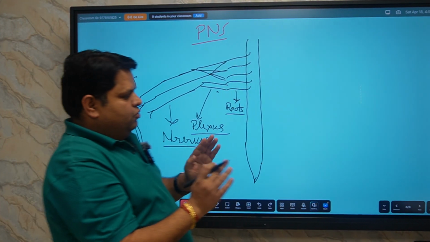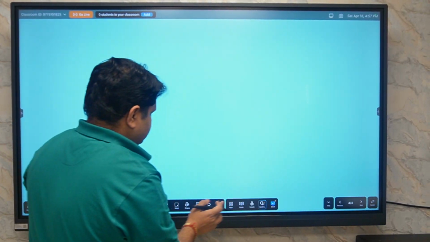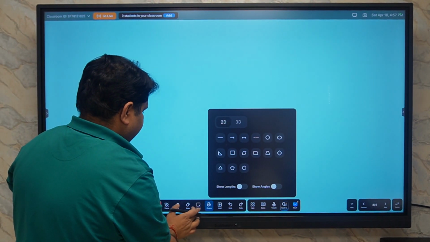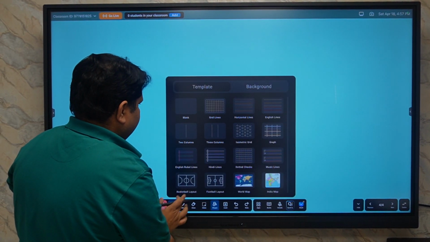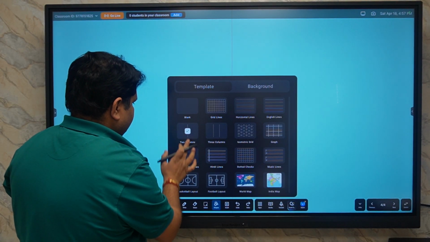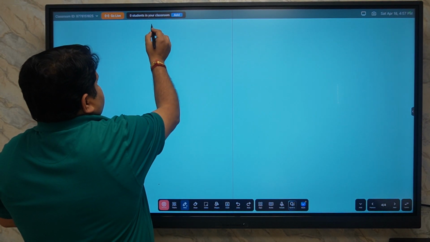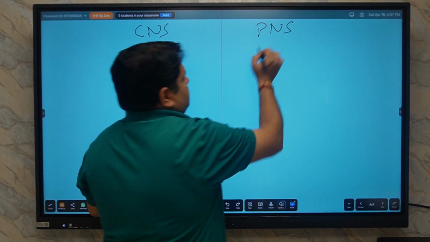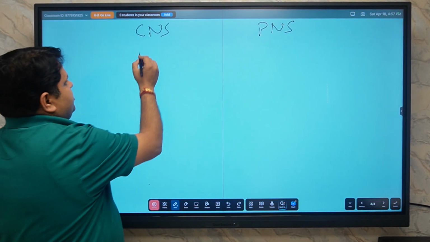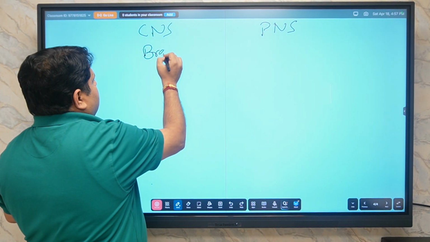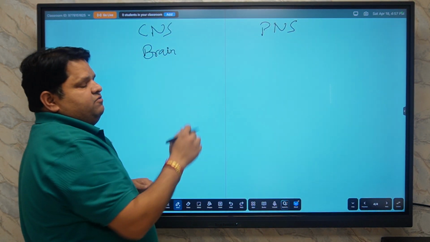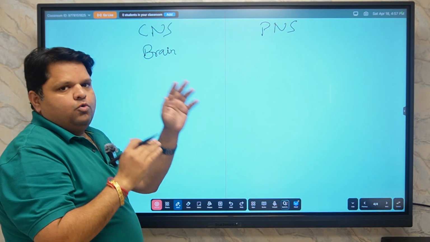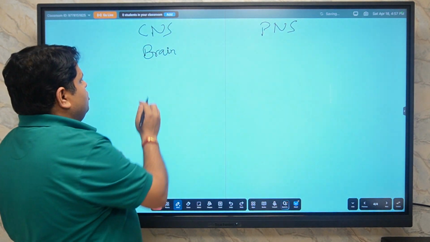ठीक है, तो till now we have discussed the central nervous system, CNS, and the PNS. So in CNS we have brain, in which we have the various lobes like frontal lobe, parietal lobe, temporal lobe, and the occipital lobe.